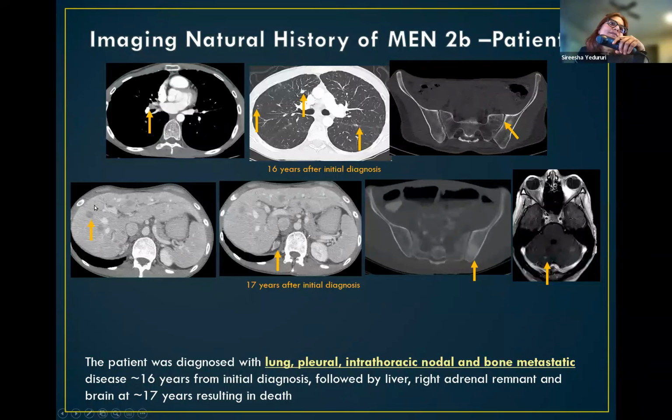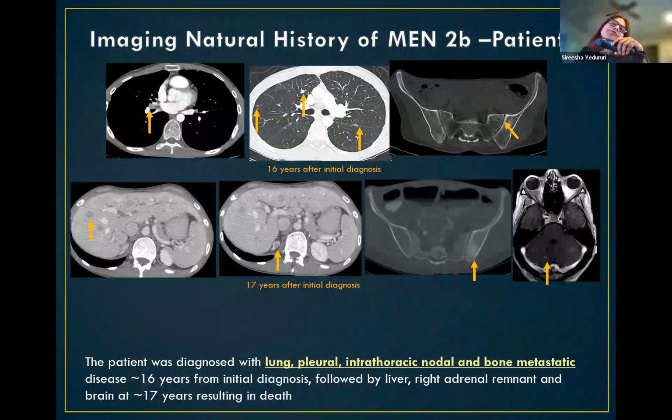And then 17 years later, he developed liver metastasis, and then he developed recurrence here in the right adrenal. At this point, because he has lung metastasis, everything, this right adrenal lesion could also be a metastasis, because around the same time he developed brain metastasis, extensive bone metastasis, liver, and right adrenal.